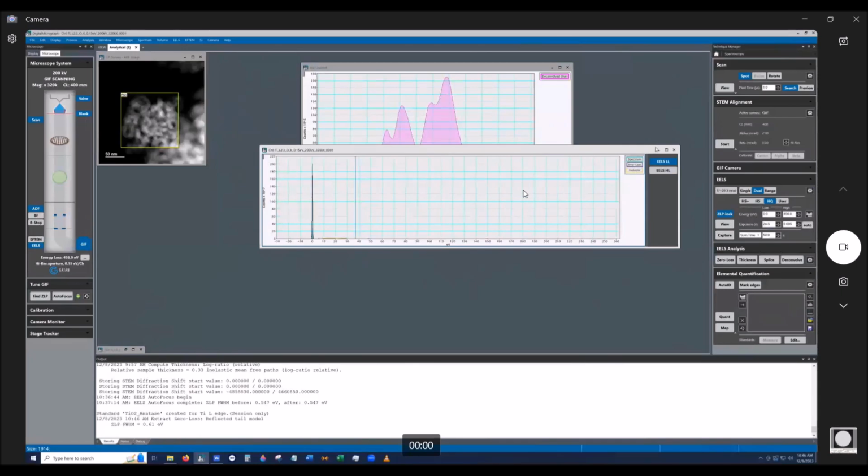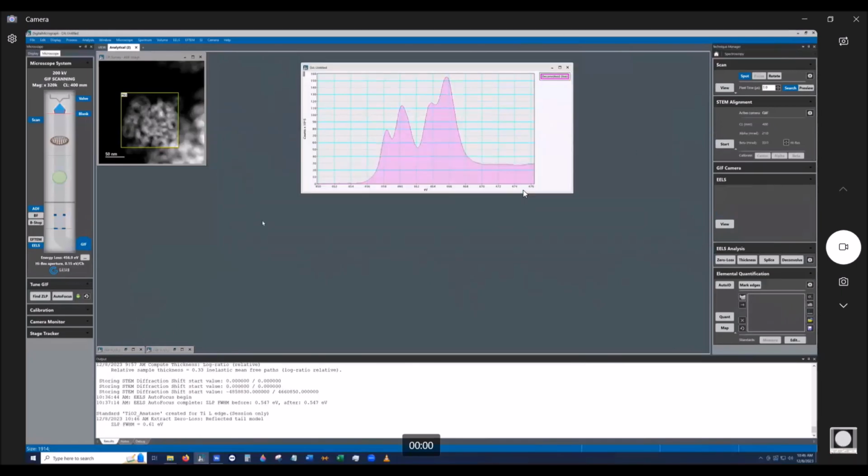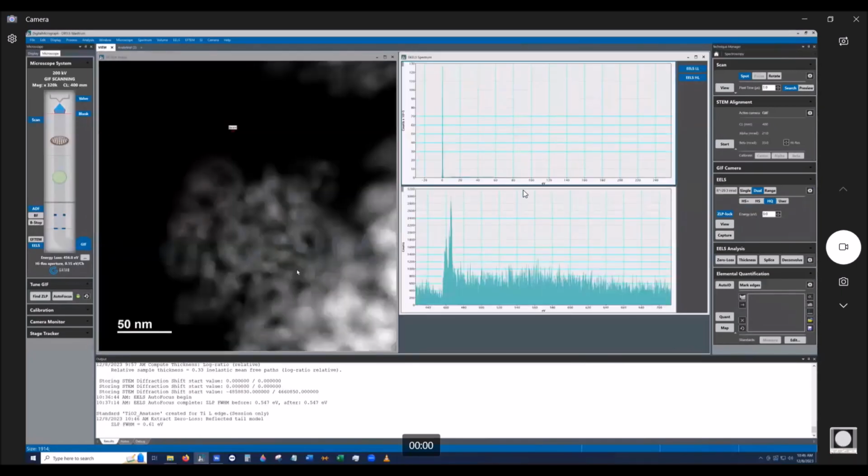So if I switch this now, just so we can prove this, right? If I switch this to 15 meV per channel, then that's going to be more accurate in terms of measuring the true energy resolution.